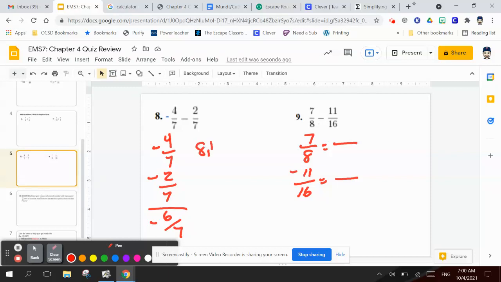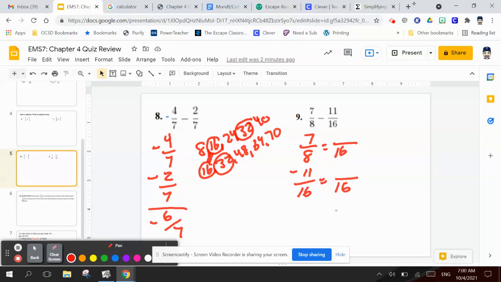Well, there's 8, 16, 24, 32, 40. 16 would be 16, 32, 48, 64, and 80. So a common multiple would be 16 and 32. So of those two, which one's the smallest? That's going to be 16.